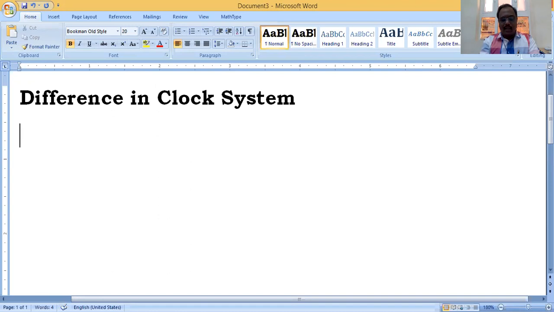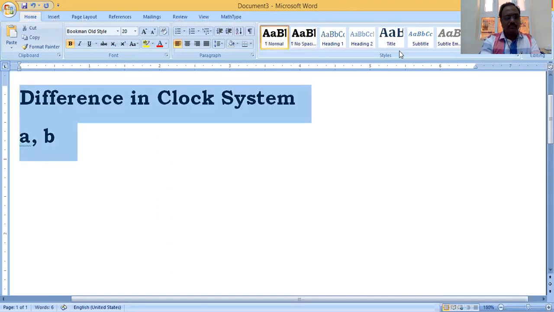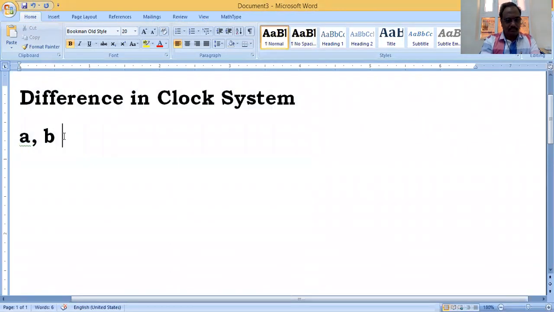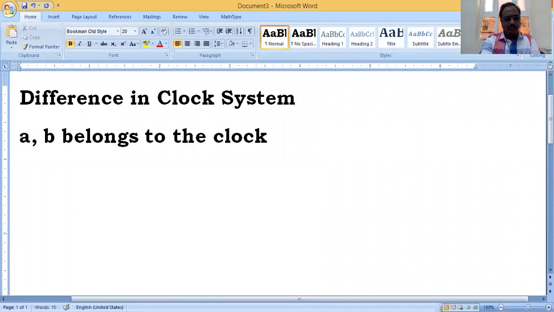For example, I have two elements A and B belonging to the clock system.